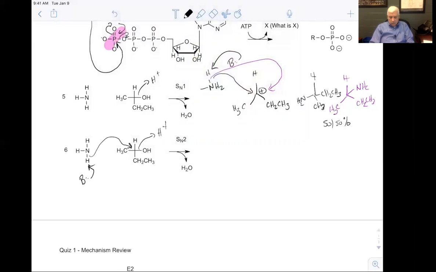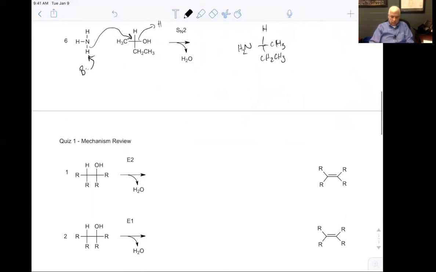And what we're going to get is inversion of stereochemistry. Inversion of stereochemistry is very indicative of an SN2 attack. It is like an umbrella being attacked and it pops open. That is a representation of an SN2 attack.